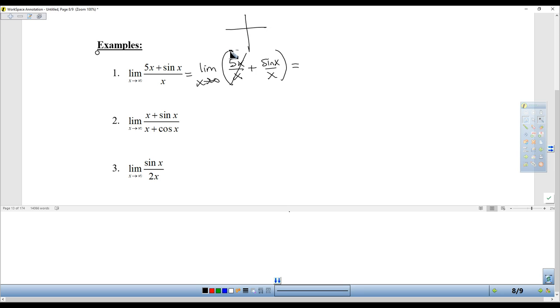Remember that that means you're finding the limit of the equation y is equal to 5, which is just a horizontal line. And what is the expected y value when you get way out here at infinity? I expect it to still be at 5. And what do I expect y is equal to sine of x over x to be way out at infinity? I expect it to be 0. And so the answer is 5.